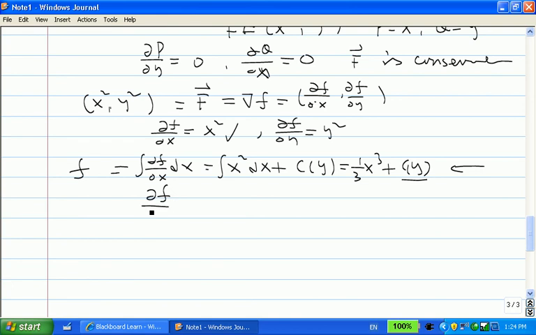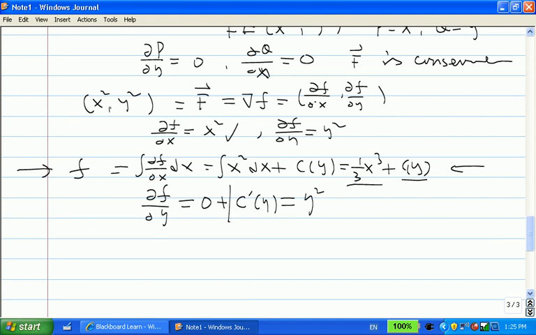Now we want to choose c of y to make the second equation satisfied. So I take the partial derivative of this equation with respect to y. Now I have two terms. The derivative of the first one with respect to y, treating x as a constant, gives you 0, plus the derivative of the second one, which gives you c prime of y. We want to make the second equation satisfied, so that should give you y squared.